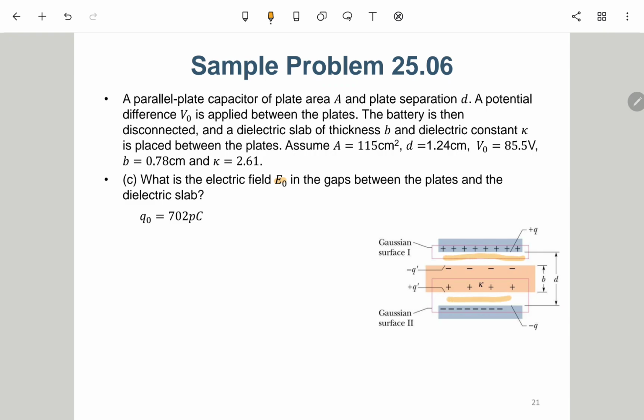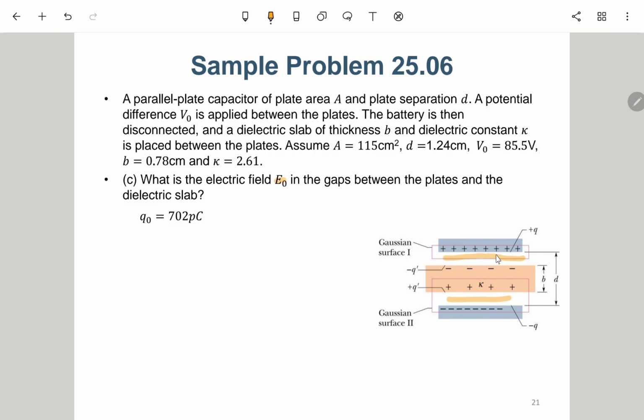Because the thickness of the slab is thinner than the plate distance. The distance is 1.24 centimeter, but the thickness of the slab, B, is only 0.78 centimeter. So there are some gaps between the slab and the plate.